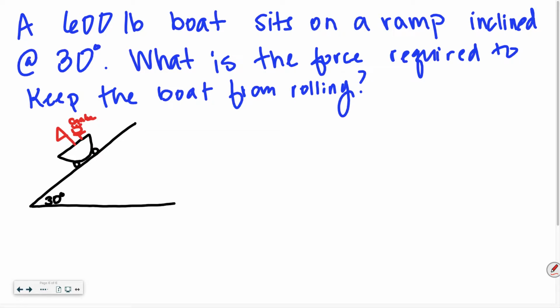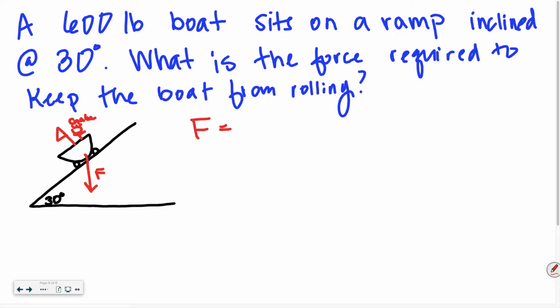This weighs 600 pounds with Gabe in it. The force of gravity is which way? Down. So that vector, I'm going to call this our F for force. 600.